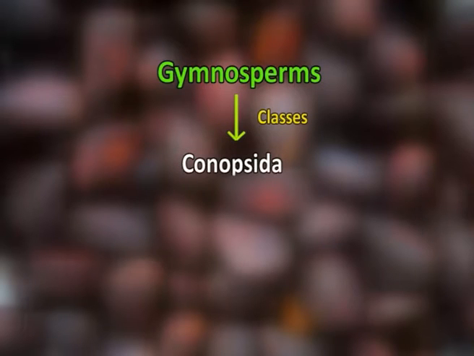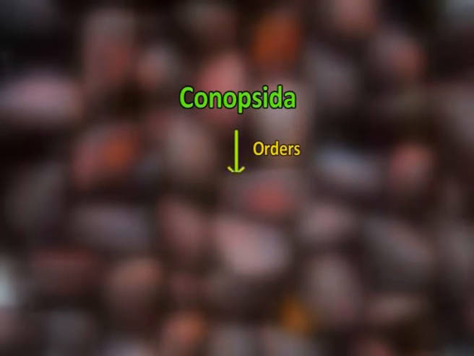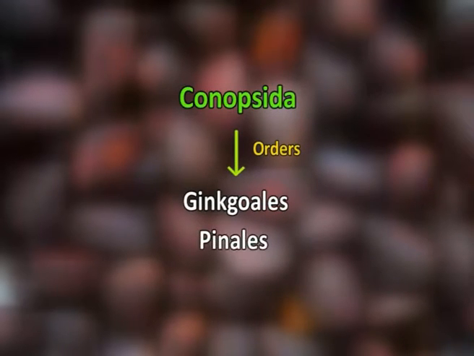1. Coniferopsida, 2. Ephedropsida, 3. Gnetopsida, and 4. Cycadopsida. Coniferopsida was further divided into 3 orders: 1. Gingoales, 2. Pinales, and 3.